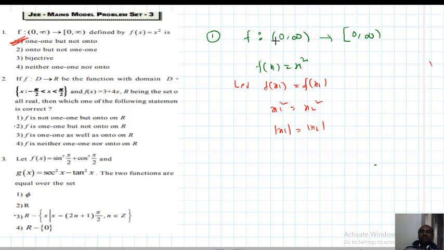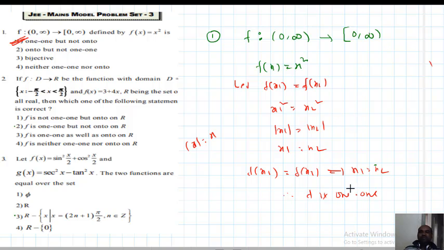Actually your inputs are positive numbers, no? x1 is positive, x2 is positive, so mod x is x only, if x is positive. That's why x1 is equal to x2. What happened? f of x1 equal to f of x2 gives x1 equal to x2. Therefore f is one-one.